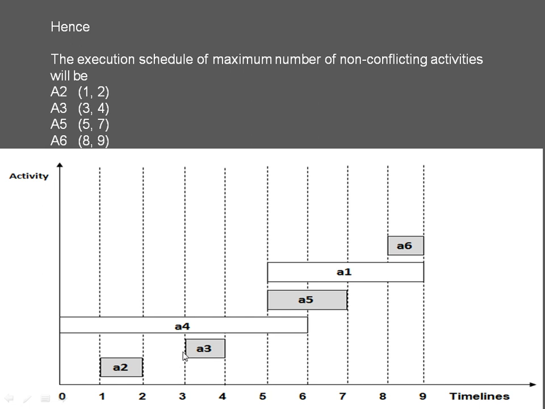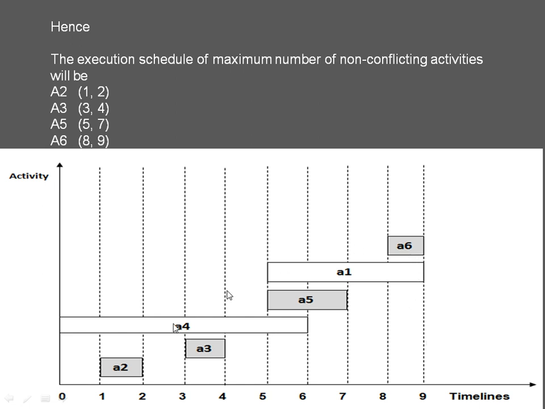A3's start time is 3 and finish time is 4, so A3 is drawn over here. After that, A5 has start time 5 and finish time 7. So this is A5, and the last one is A6, whose start time is 8 and finish time is 9.